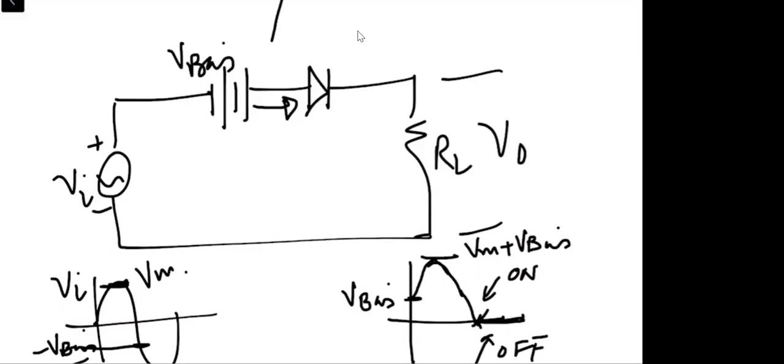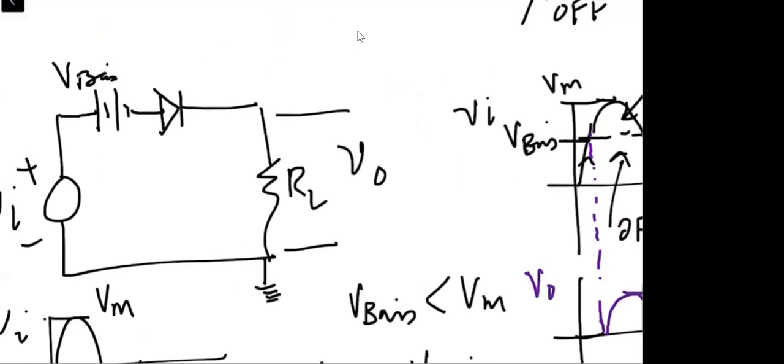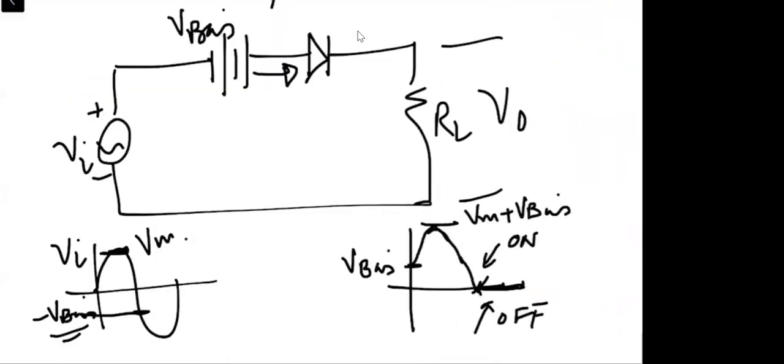So with this, I will say that you draw the circuits which I have shown you for practical diodes, because the conditions I have shown here are for the ideal diode. Draw these two circuits for the practical diode, as well as changing the direction of the biasing potential and the diode.